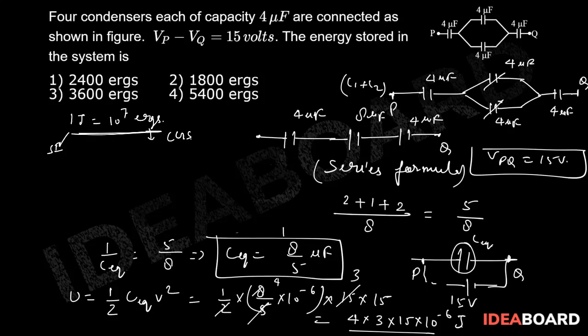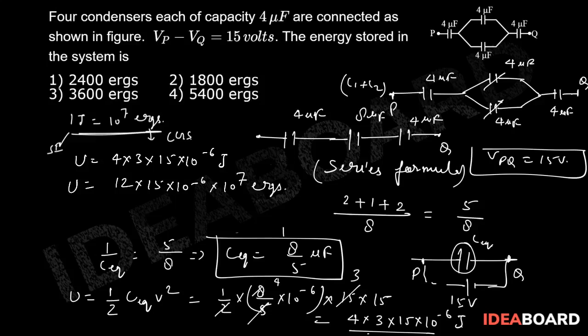So now we got the value of U, 4 into 3 into 15 into 10 to the power minus 6 joules. So we need to convert this into ergs, right? So this will be 12 into 15 into 10 to the power minus 6 into 10 to the power 7 ergs, right?